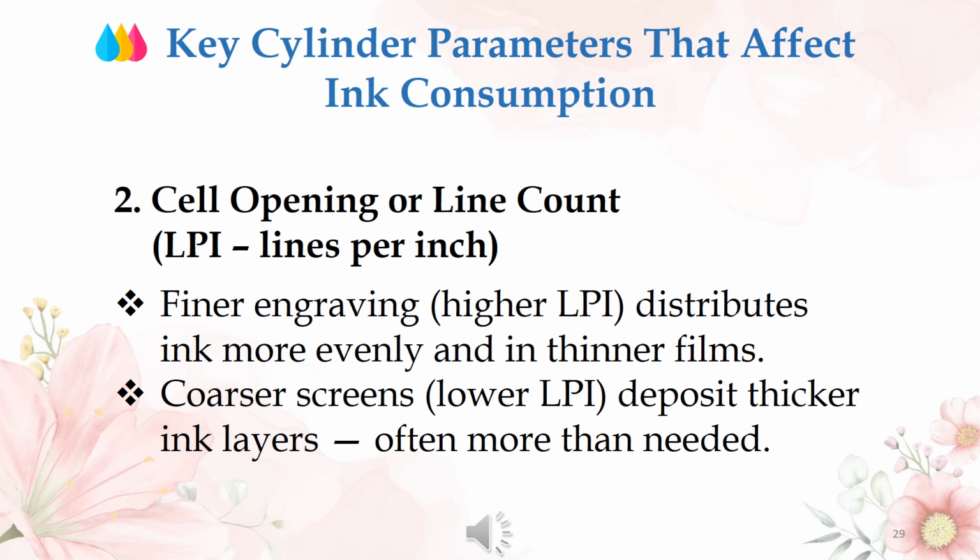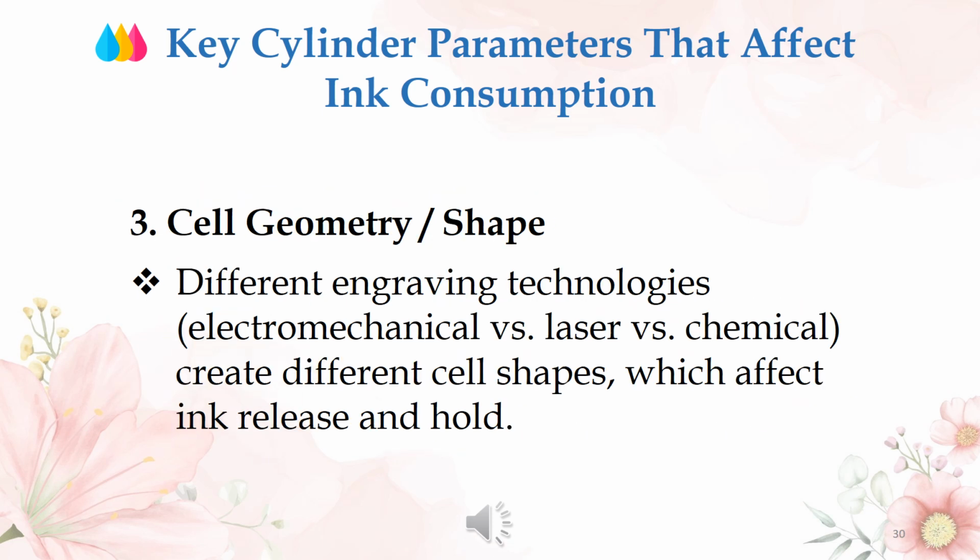Finer engraving, that is higher LPI, distributes ink more evenly and in thinner films. Coarser screens, that is lower LPI, deposit thicker ink layers, often more than needed. Different engraving technologies create different cell shapes, which affect ink release and hold.